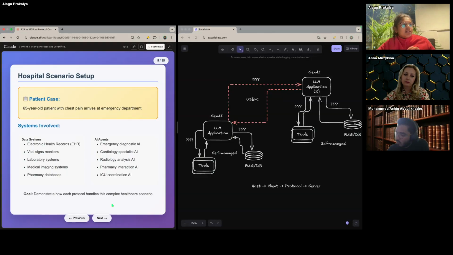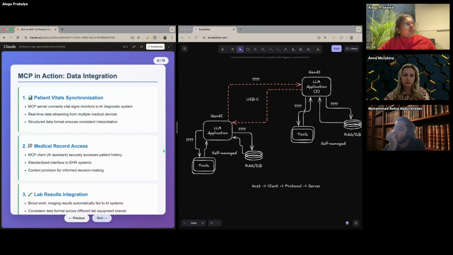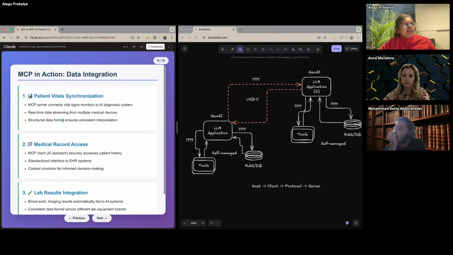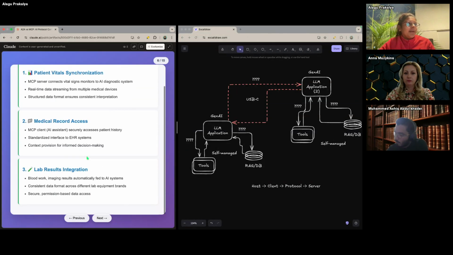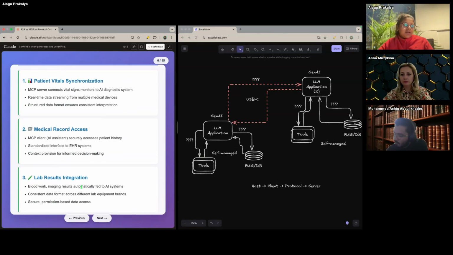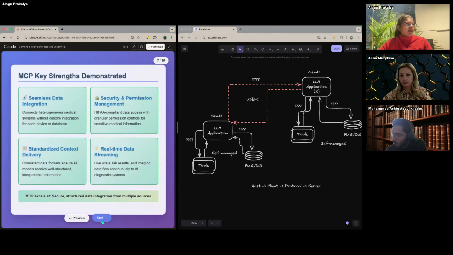Now, let's look into a small demonstration of the same. We'll have the data integration set up: the patient's vital sign synchronization, the medical records, and the lab results if any exist.